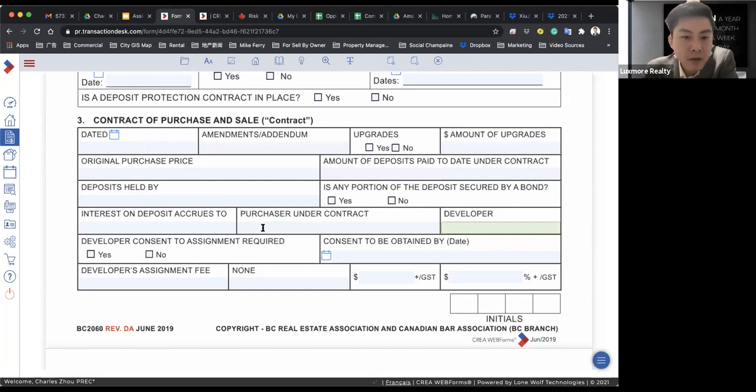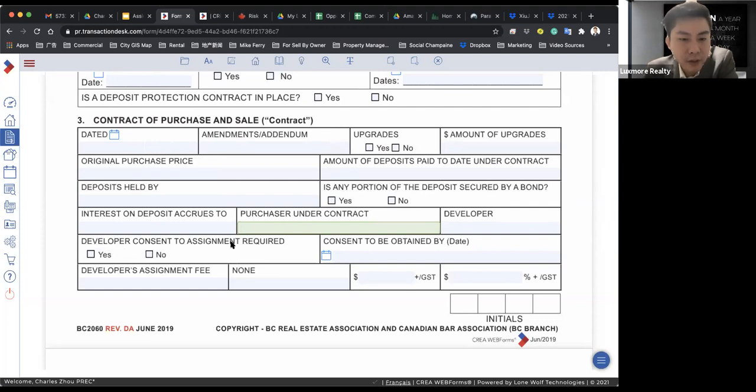Interest on deposit accruing to, you can choose either the purchaser or the developer. 99% of the time it is the developer, but I had an experience where the developer put the interest under the purchaser. At the end of the year, the developer will usually issue a T-slip to the buyer, T5 or something, so they can claim tax.